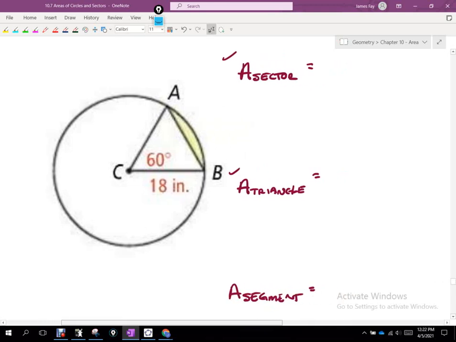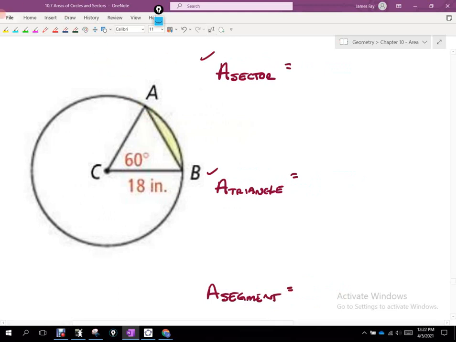So the area of the sector, that's exactly what we're working on right now. And this entire section was finding everything that is now yellow, right? Okay, so to find everything that is yellow, I'm going to take x divided by 360, where x is the arc that bounds the sector, and then times pi r squared.